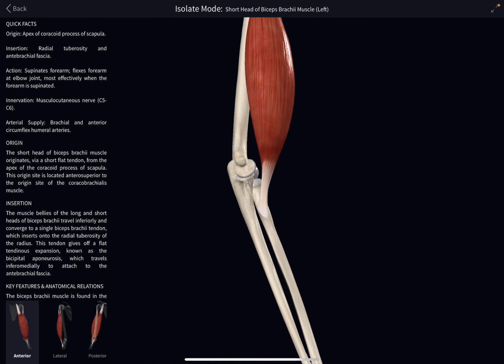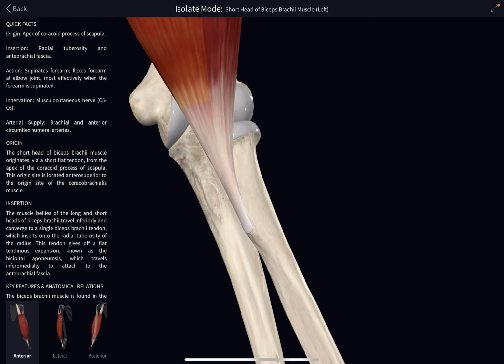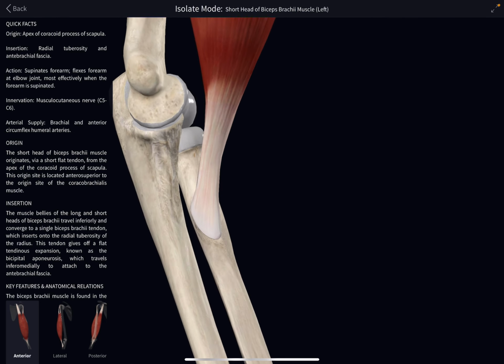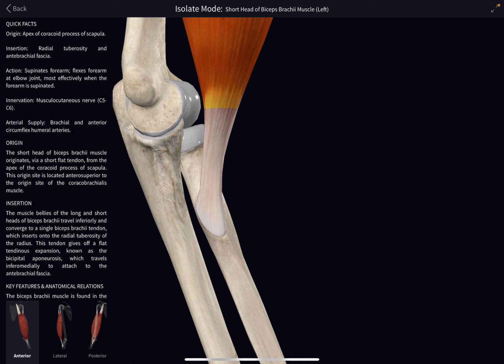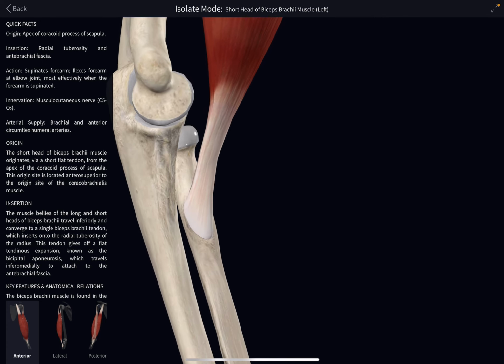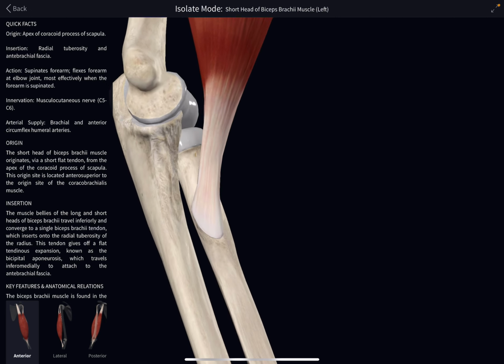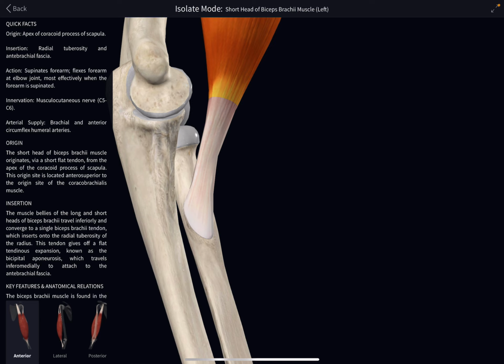Now let us talk about the insertion of the biceps brachii muscle. The biceps brachii muscle is inserted to the radius. We all know that. Where exactly? The biceps tendon is inserted to the posterior rough part of the radial tuberosity. So that's the insertion of the biceps brachii muscle, right?